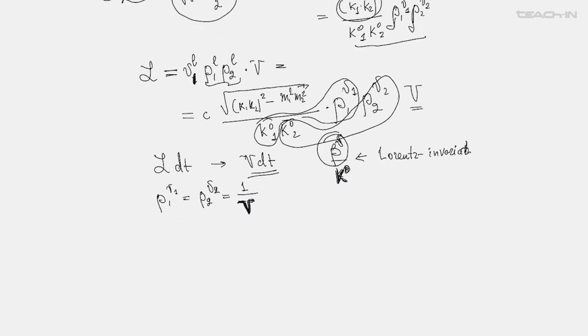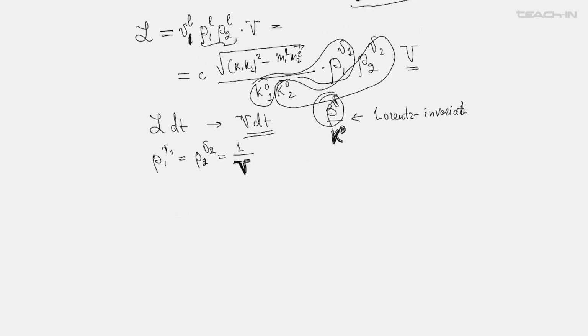And in this case, this Lorentz invariant luminosity, or luminosity multiplied by dt, is now taking the form m1 squared, m2 squared, divided by K01, K02, C divided by V.